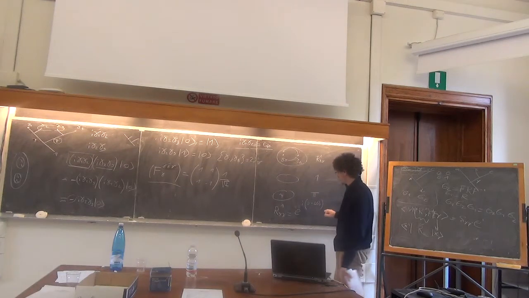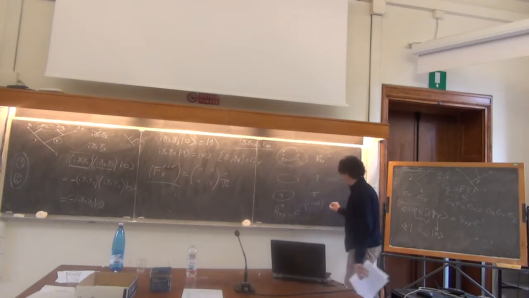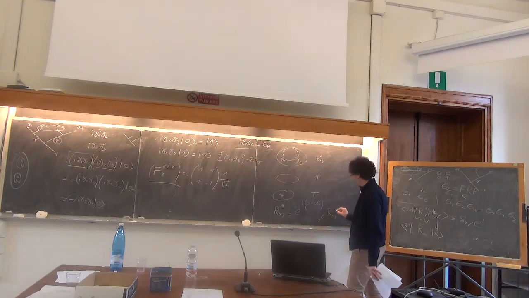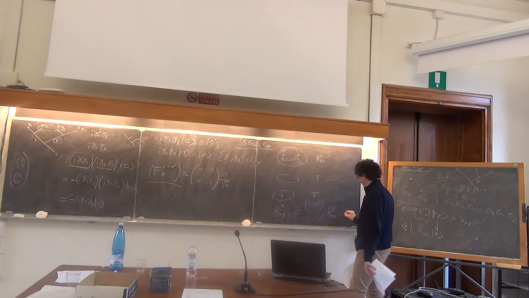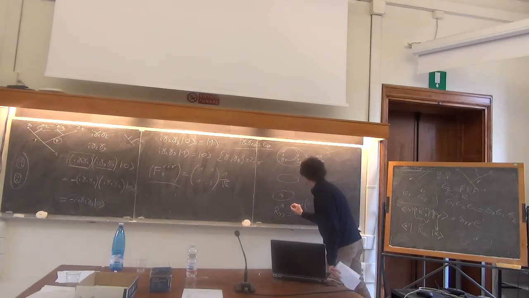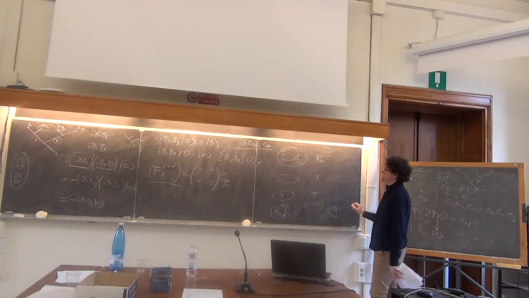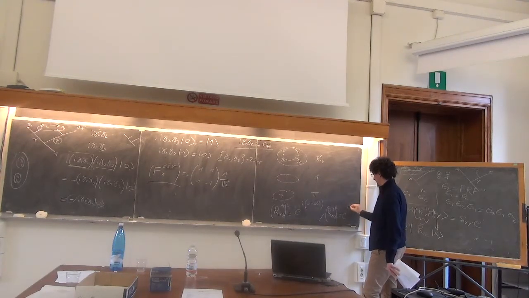And instead, here I will have that once I have R gamma gamma, which fuses into epsilon, this will be to the i, so I'm doing this squared, and this will be pi minus 2 theta gamma.